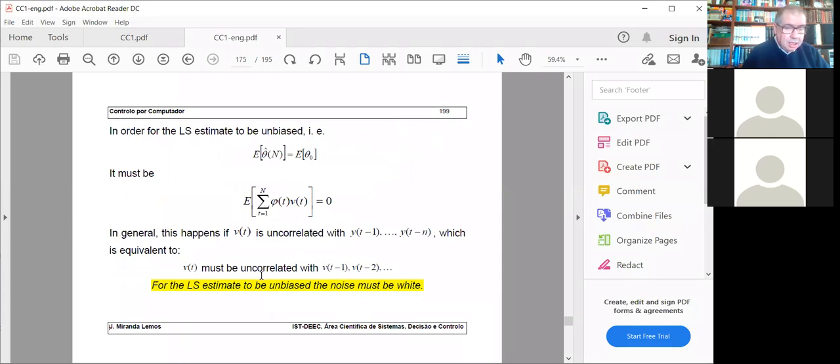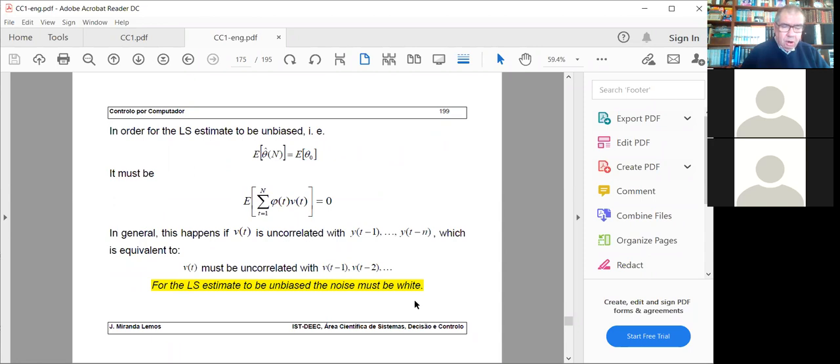The conclusion is that for the least squares estimate to be unbiased, that is to say not to have this systematic error, the noise must be white. I'm not going to read them because you have been already massacred a little bit. But the important conclusion is this one.